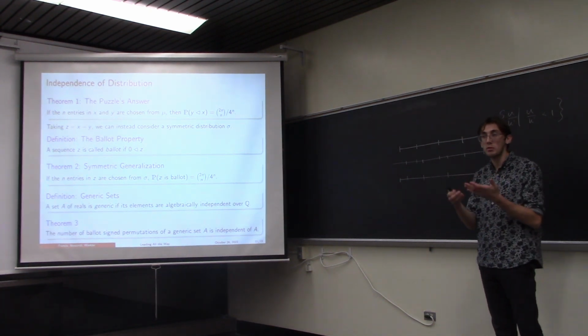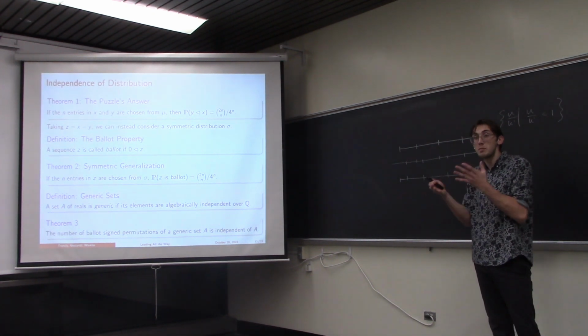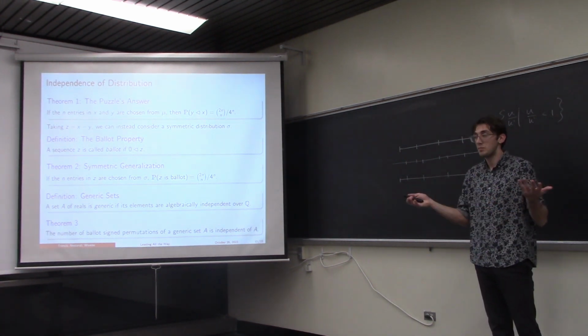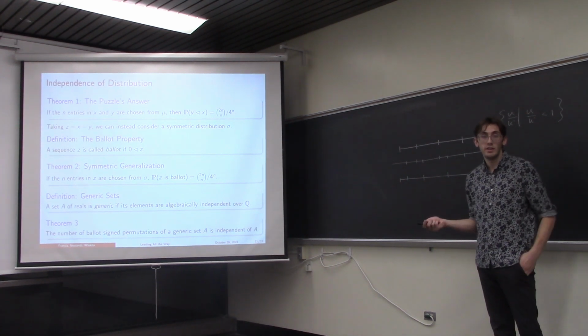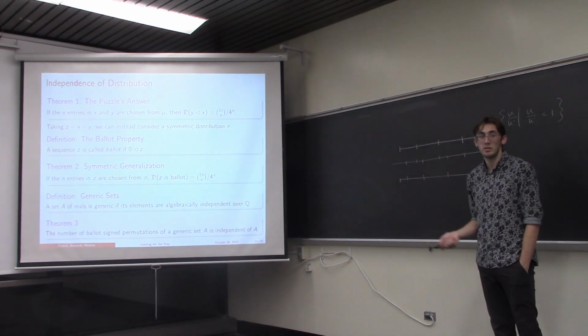So as long as we prove that the number of ballot signed permutations is independent of the actual set we pick, then we know that the probability doesn't depend on the distribution, it doesn't depend on the numbers themselves.